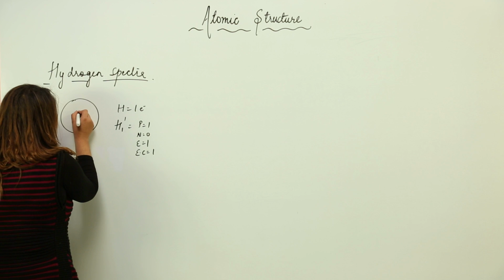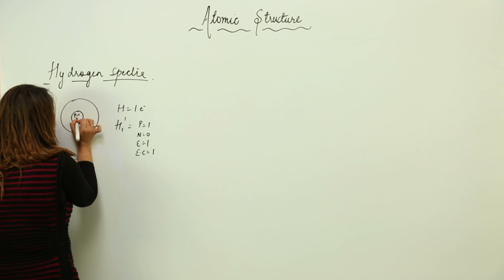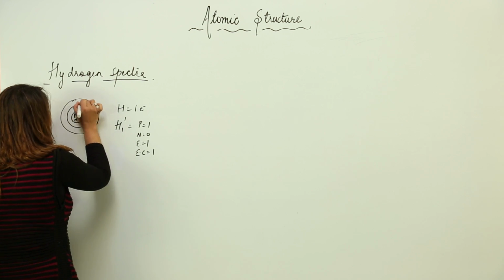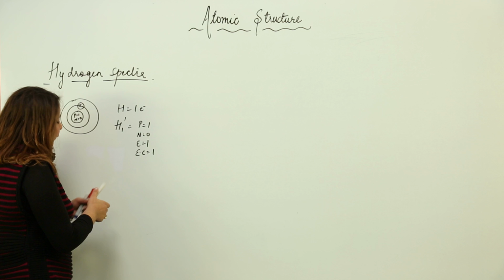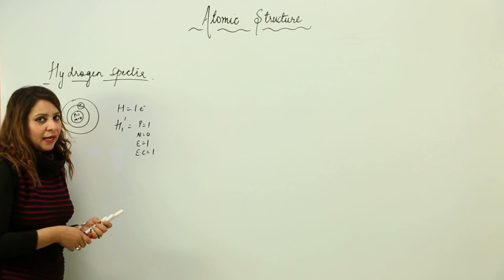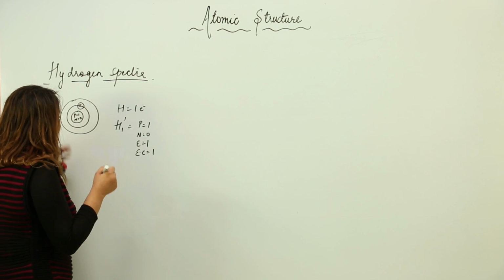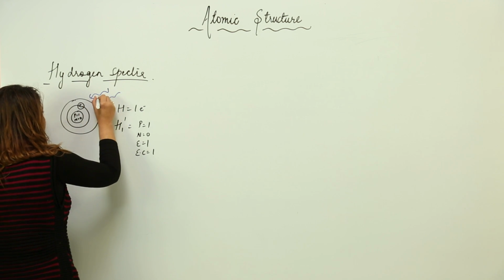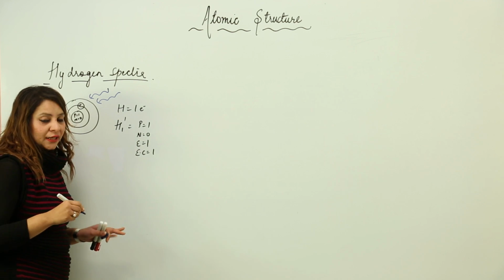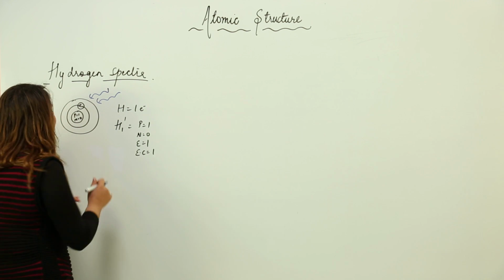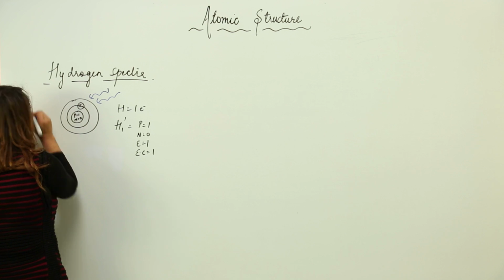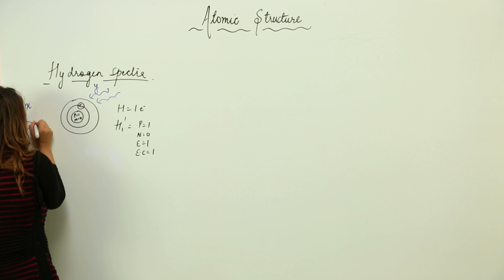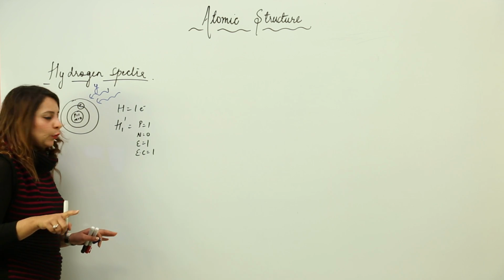So if I draw an atomic model, then that means proton is 1, neutron is 0, there is one shell having one electron. So he said that what happens in the hydrogen spectra is that when we supply this electron with an energy greater than its own energy, suppose we say that here this electron has X energy and we supply it with Y energy, and Y energy is greater than X, then only what will happen?